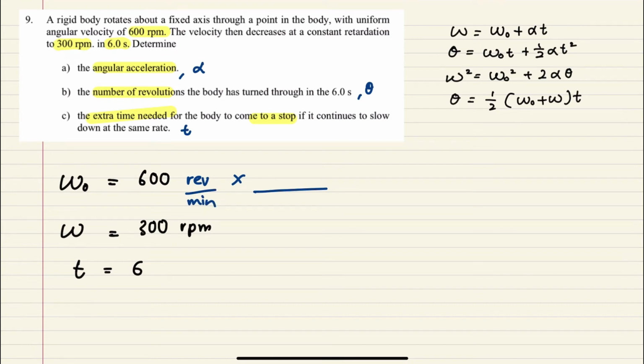Put revolution down here, you want to have radian, and you want to cancel out the minute to have second. 1 minute is 60 seconds, 1 revolution is 2 pi. So basically you multiply 600 with 2 pi, and then divide by 60, and you should get it in terms of radian.